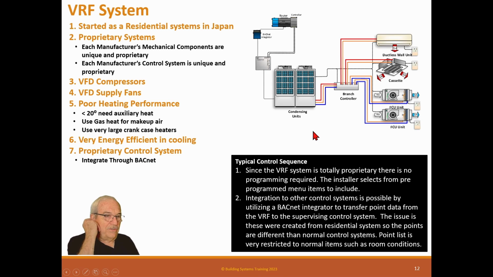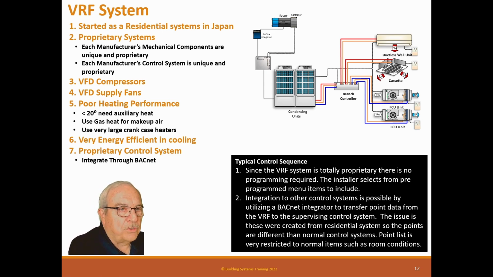Sequence control here is pretty easy. Since the VRF system is totally proprietary, there's no programming required. The installer selects from pre-programmed menu items to include. Integrating the other control system is possible by using a BACnet integrator to translate point data from the VRF to the supervising control system. The issue is these were created from residential systems, so the points are different than a normal control system.